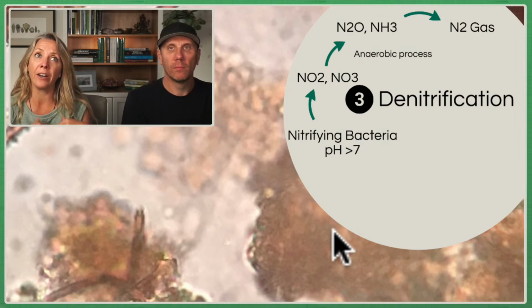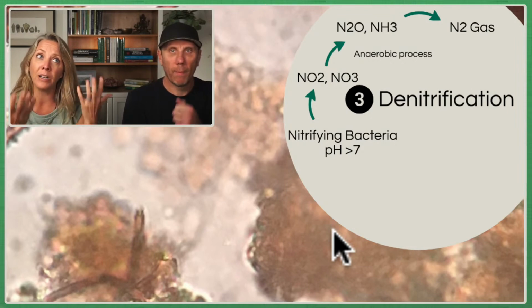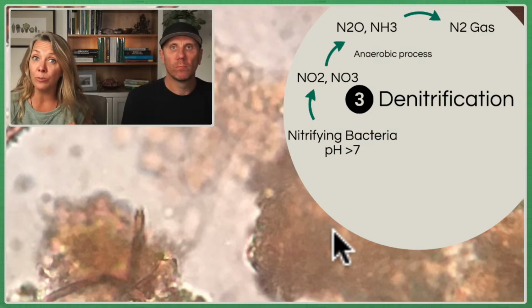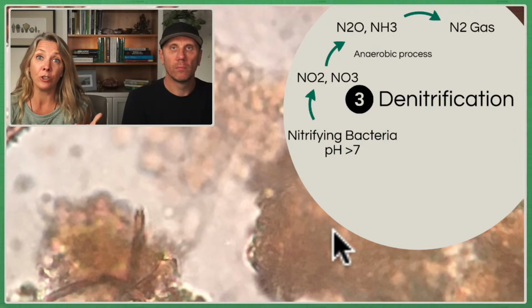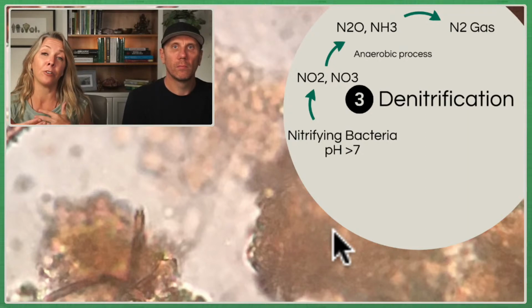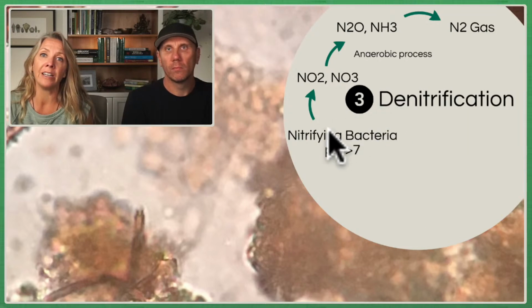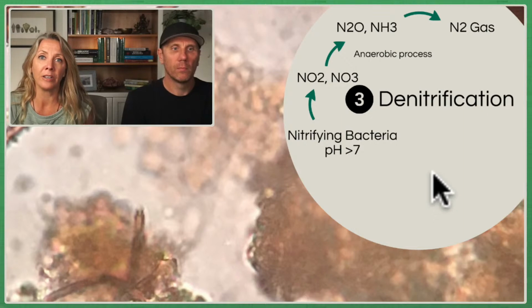Now, if you go anaerobic, let's say you bloom out too much bacteria and with all that reproduction you consume all the oxygen in the soil, you will start to lose some of that nitrogen as a gas. So NO2 and NO3 will start becoming basically nitrous oxide, N2O, or if you go straight from ammonium to anaerobic conditions, it'll go right to ammonia. So you'll lose all that nitrogen in the soil as gases, and then it will just start the cycle over again.